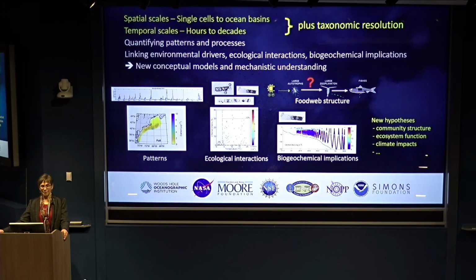Taken together, I think it's really exciting that this kind of approach is leading us not only to new insights and mechanistic understanding, but it's bringing up new hypotheses and helping us to be poised to understand how our ocean system is changing in response to ongoing climate change.